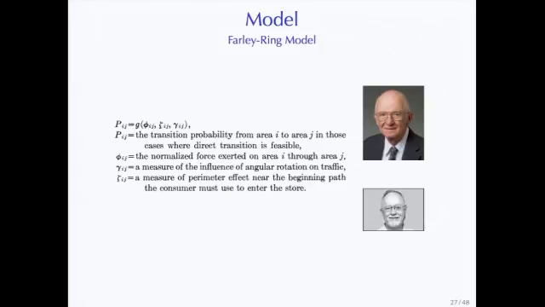Let me introduce the Farley-Ring model. So here are Farley and Ring, a little bit older than when they proposed the model. But they said, okay, so I have this P_ij, which is the transition probability from different parts of the grocery store. What I'm going to do is I'm not just going to count the number of times I've observed that transition. I'm going to featurize the start and the end of the transition.